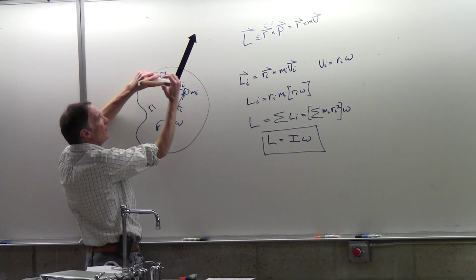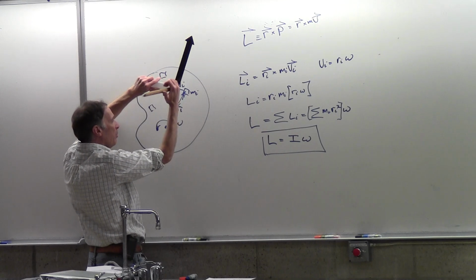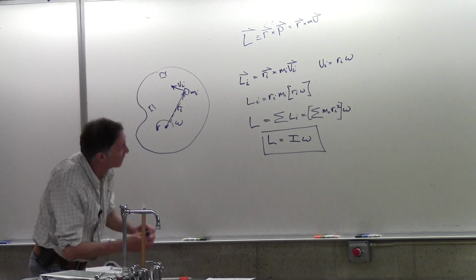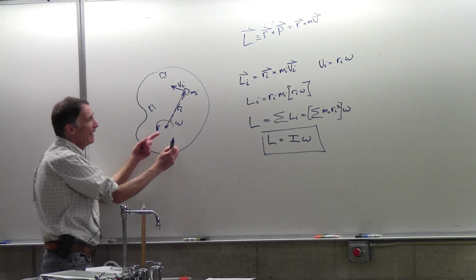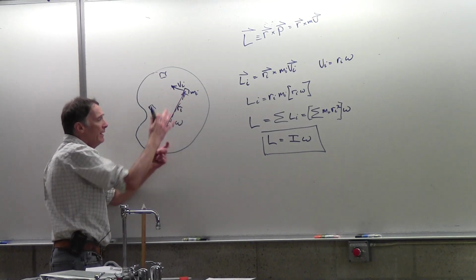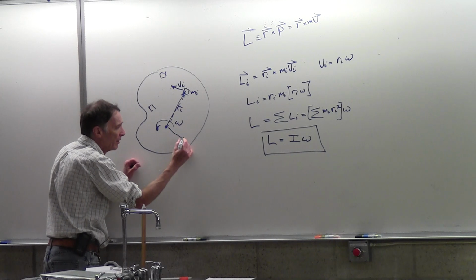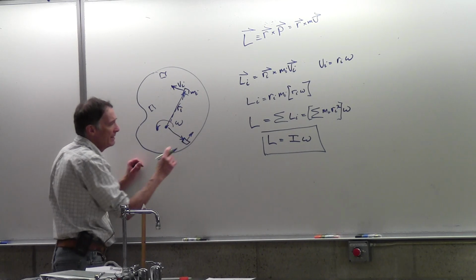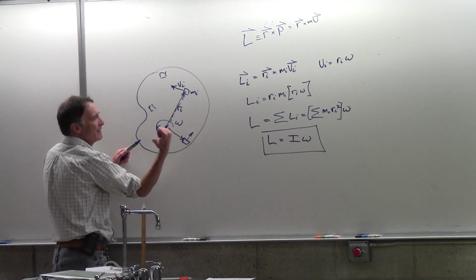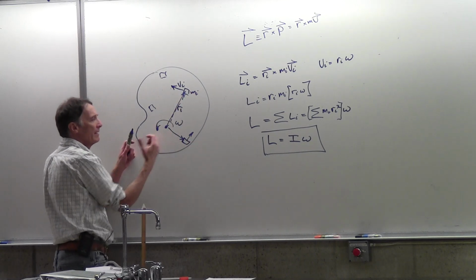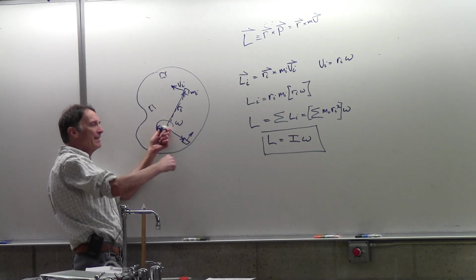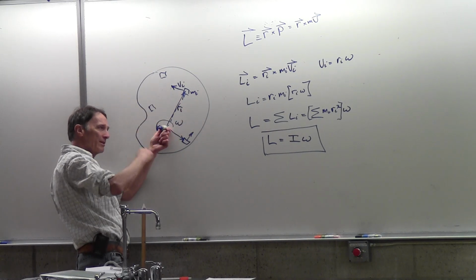It's going to be out of the page at us, or out of the board. This wants to define the axis of rotation. All of these things are moving here, so even a piece down here, its r is this way, the velocity is this way, r cross v is still out. Every one of these things has its vector pointing out, and that defines the axis of rotation of this thing.